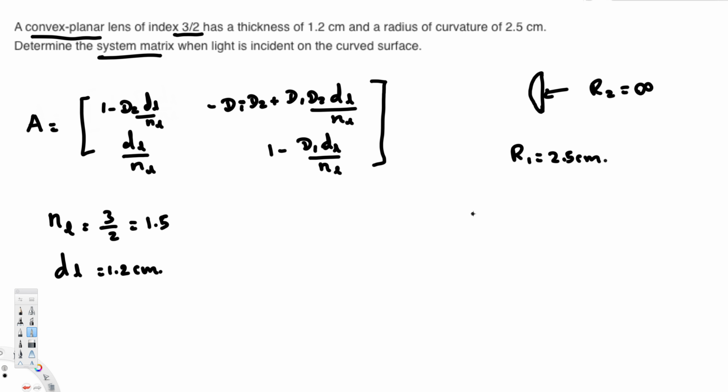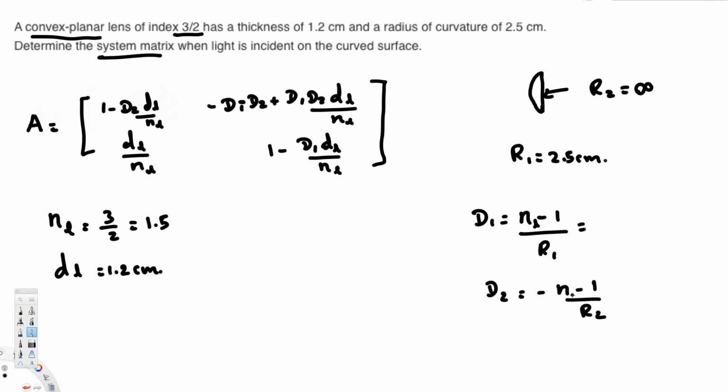To find the power, we use this equation: D1 is equal to (n minus 1) over R1, and for the second surface we use negative (n minus 1) over R2. Here we know n, the index of refraction of the lens.